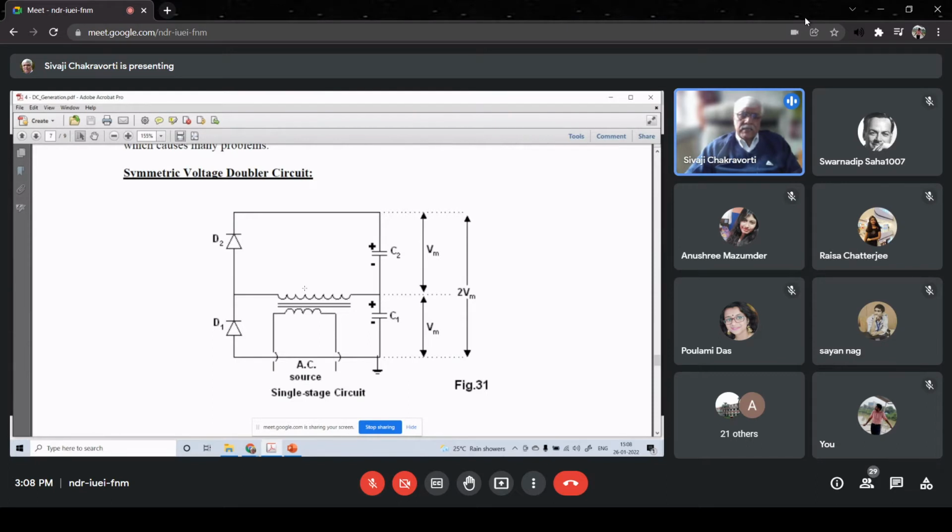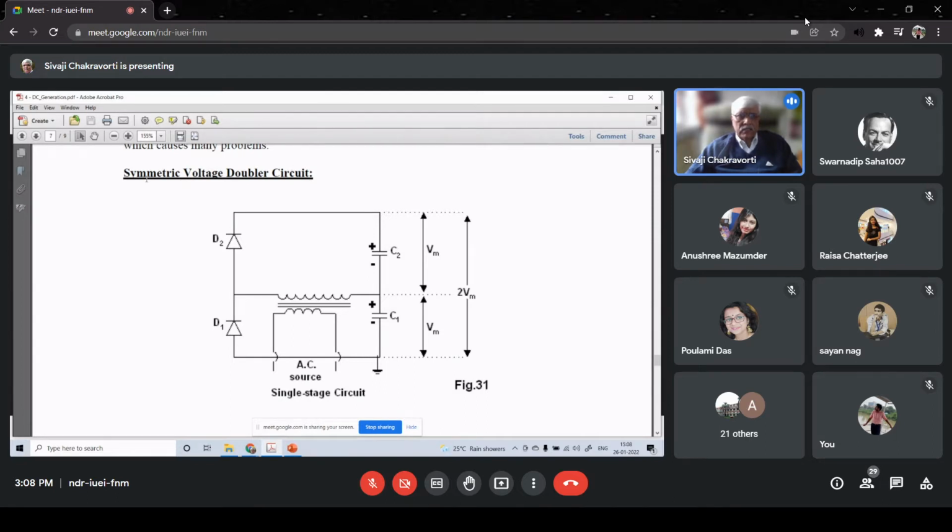The secondary of this step-up transformer is generally of higher voltage rating, depending on the target output voltage. Typically, we call it a symmetric voltage doubler circuit.